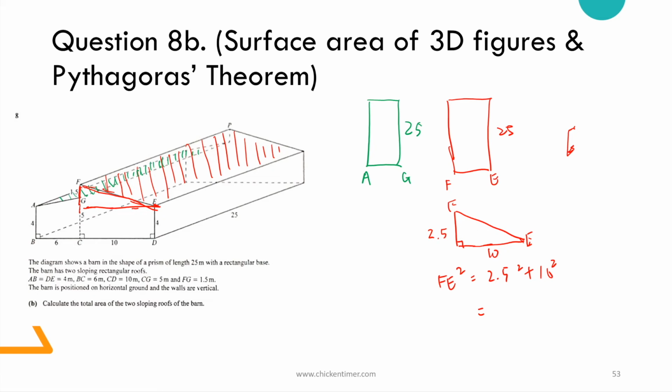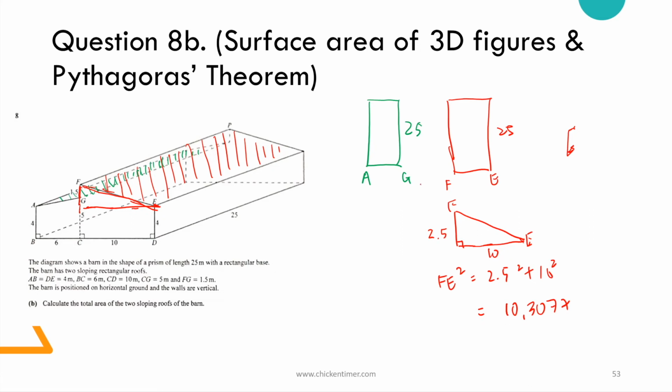So it's 10.3077. Then you have to find AG.